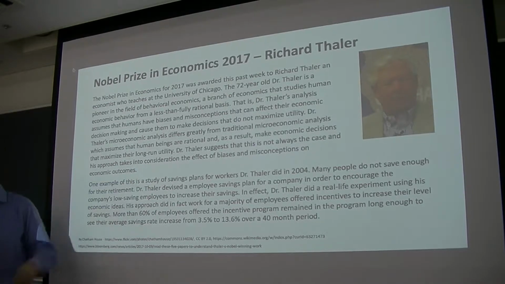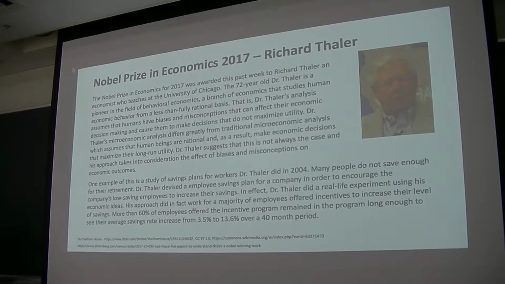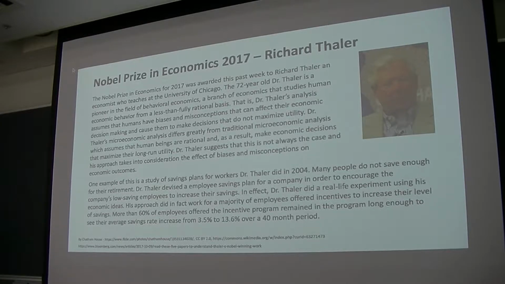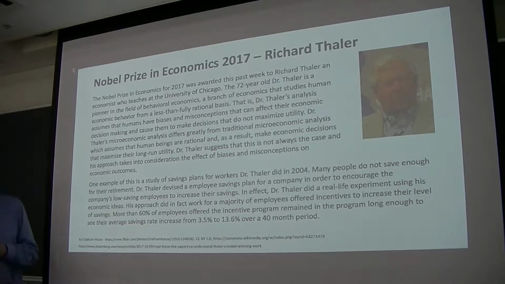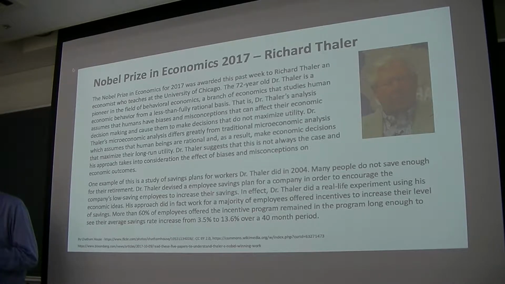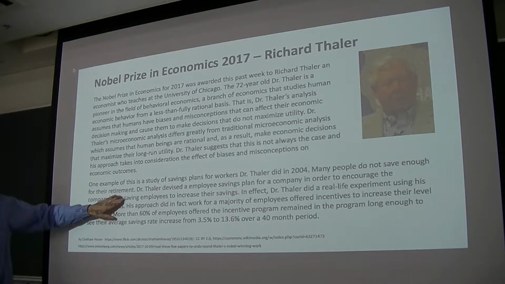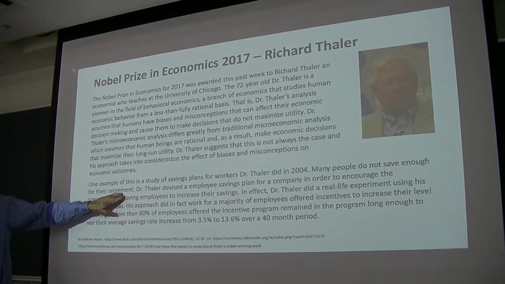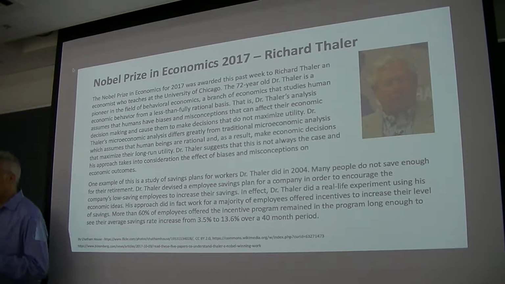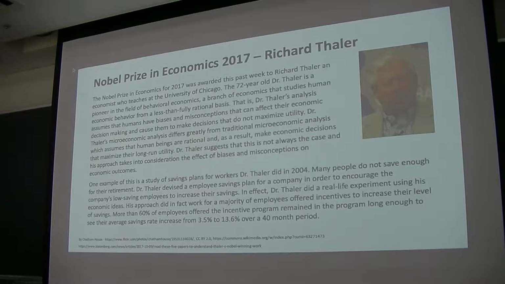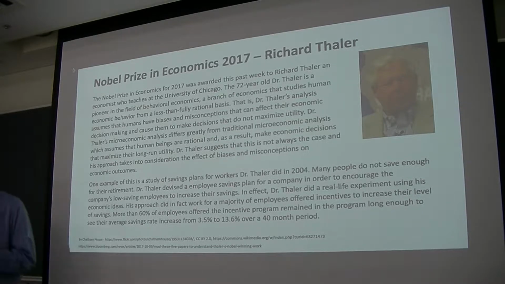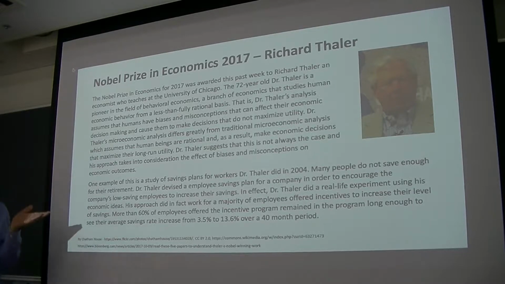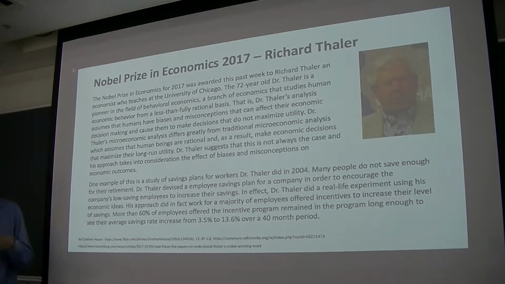And there are some other effects, like biases. People have certain kinds of biases about the world that may not have a basis in reality. An example that Dr. Thaler was interested in: many people, particularly in the United States, less so in Japan because there's more of a culture of savings, don't save enough for their retirement.